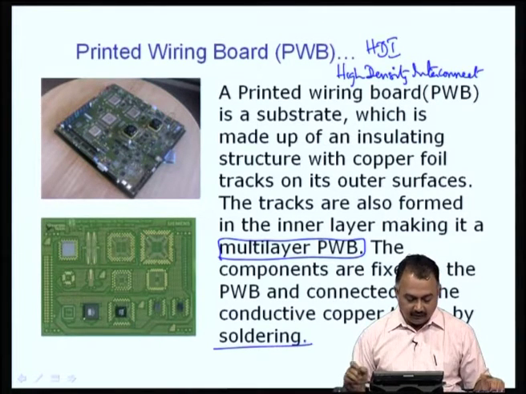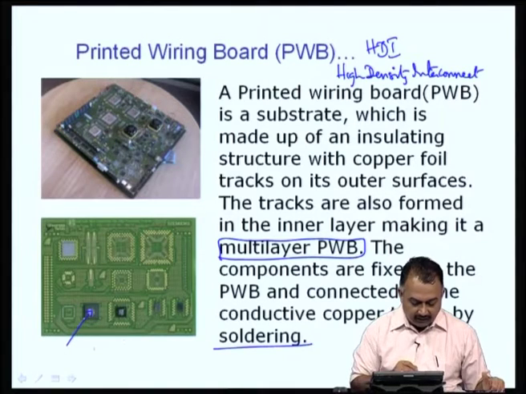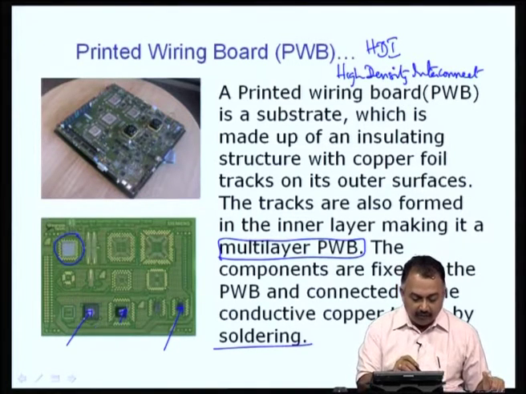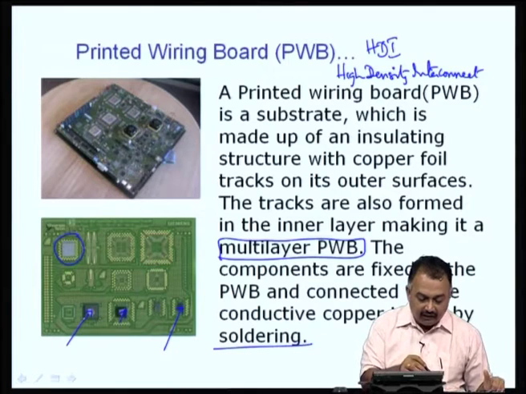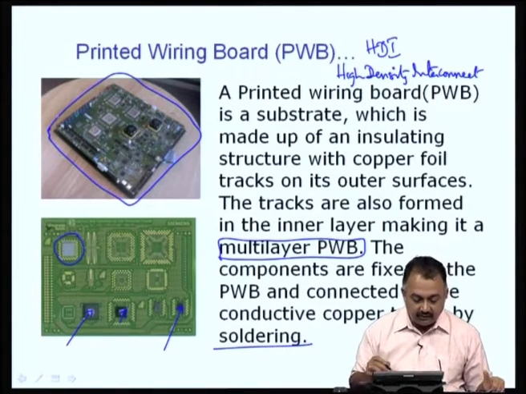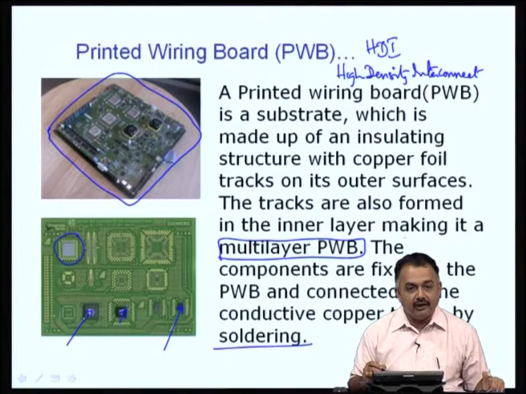So, in this figure you can see devices are mounted on top of the printed wiring board. This is a bare die, this is a packaged die, and in the top figure you can see a very high density substrate, right. It has got different types of components, bare die, encapsulated die, various passive devices.